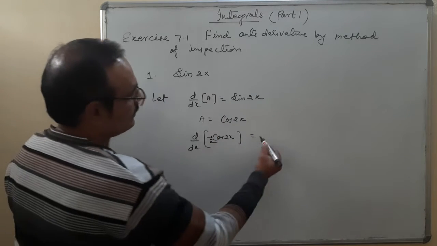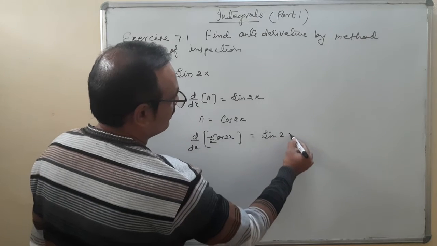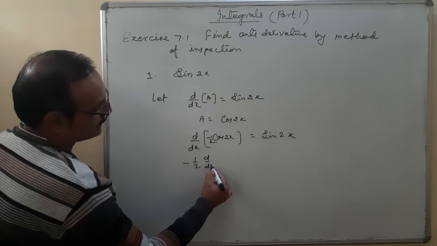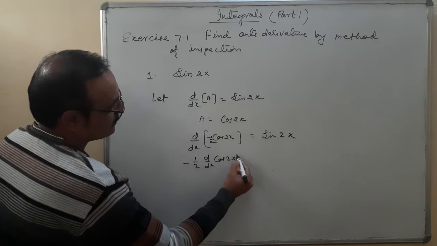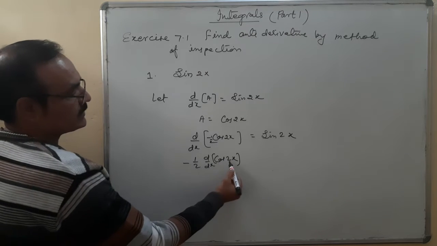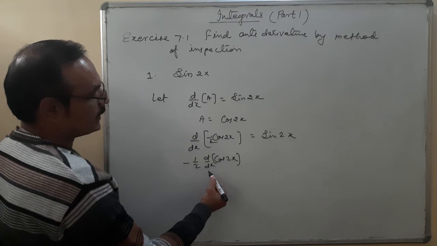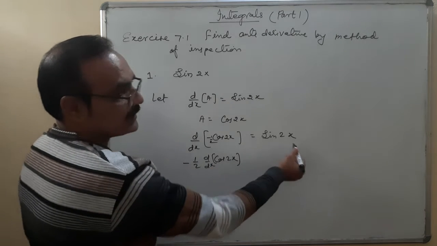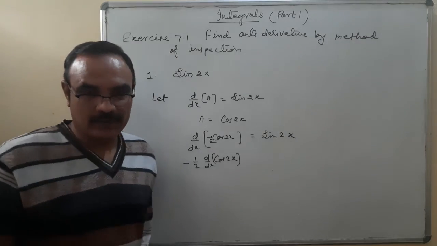Okay. So that means minus 1 upon 2 dy by dx of cos 2x. When we differentiate this term, cos 2x gives minus sin 2x, and the differentiation of 2x gives 2, 2 cancels, minus minus cancels, sin 2x.